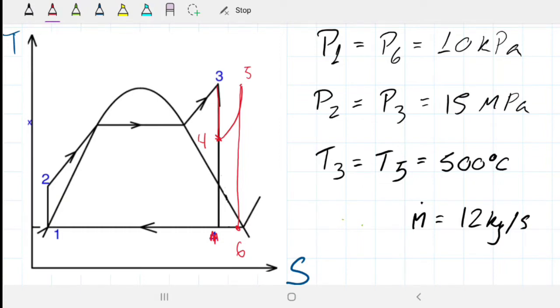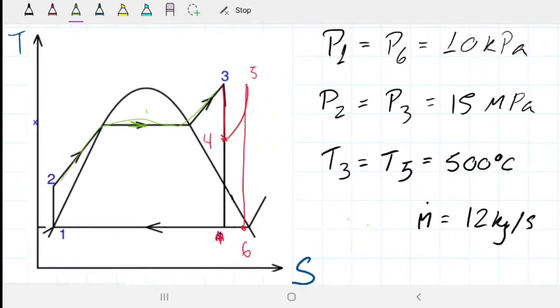Now, it says that the lower pressure one, the exit of the lower pressure turbine. Now, you'll notice that there's a higher pressure here, which is the high pressure on this guy here. So this pressure here is all the same pressure, and that's 15 megapascals, right? And then we have the lower end here, which is 10 kilopascals. So 4, 5, these two guys, they are the mid-range one.